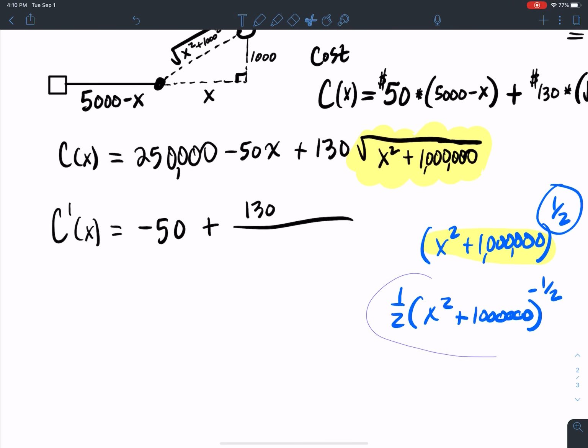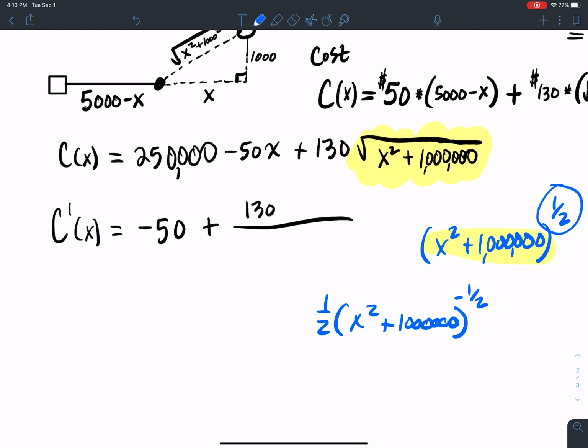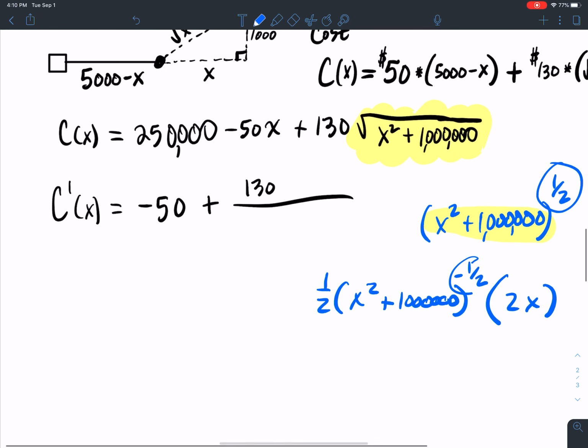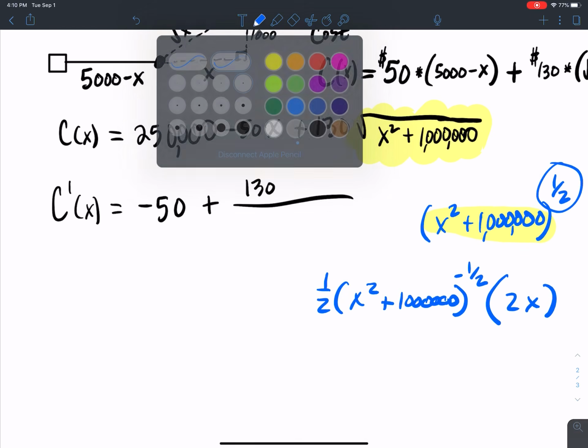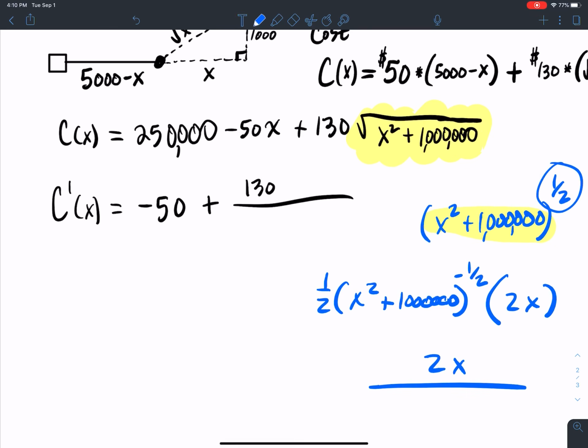But once I take the derivative of the outside, I need to take the derivative of the inside. The derivative of the inside is 2x plus 0. So this negative exponent can go to the denominator. I have 2x over 2 times x squared plus 1,000,000 to the 1/2.